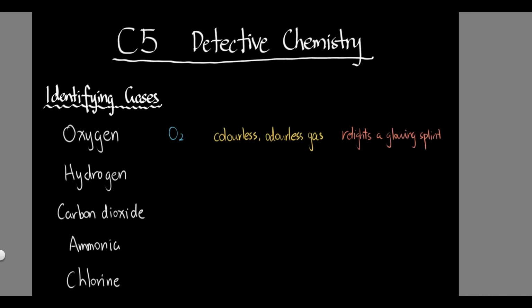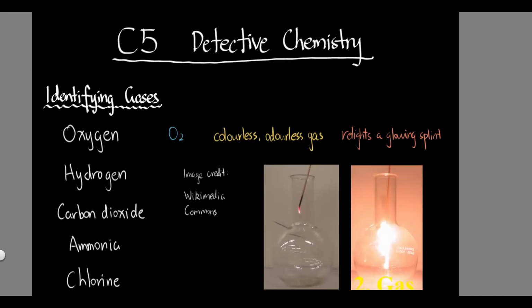Let me see if I can get you a picture of what that looks like. All right, just so you know what a glowing splint and a burning splint look like, this is an image from Wikimedia Commons. I've written a credit here. As you can see, a glowing splint is on the left, so it's not burning, but it's not off, so you can still see the red bit over here.